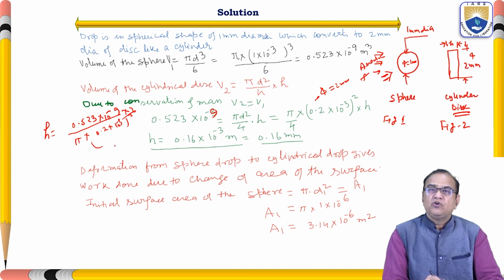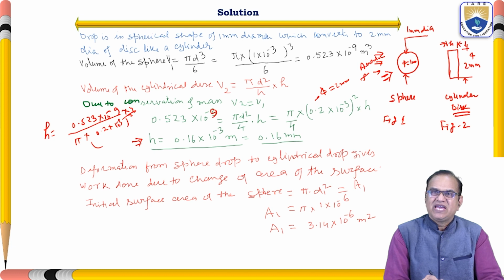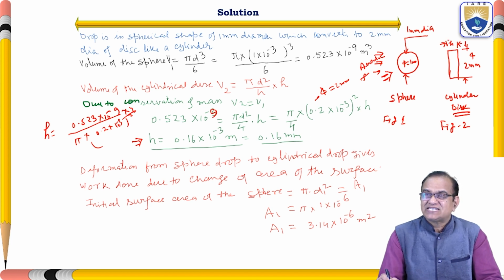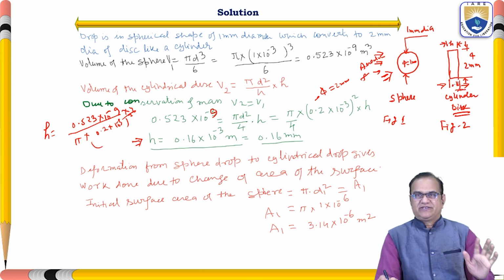Okay, so you will get this height: h is equal to 0.16 × 10^-3 meter, or 0.16 millimeter. So this thickness, from here to here, you got as 0.16 millimeter.